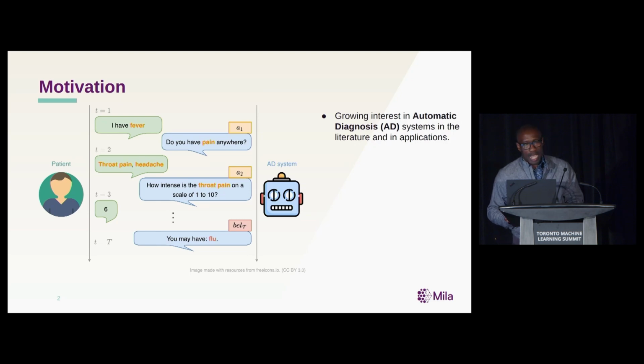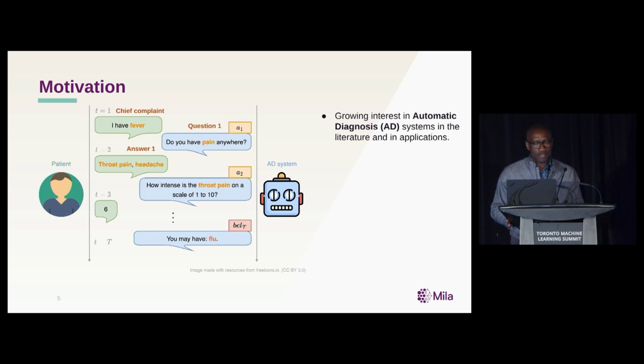And how does an automatic diagnostics tool work in general? Essentially, the user, after providing some basic information, will specify a chief complaint. This is basically the reason he's seeking care. So the AD system, the automatic diagnosis tool, will then ask a question. The patient will answer.